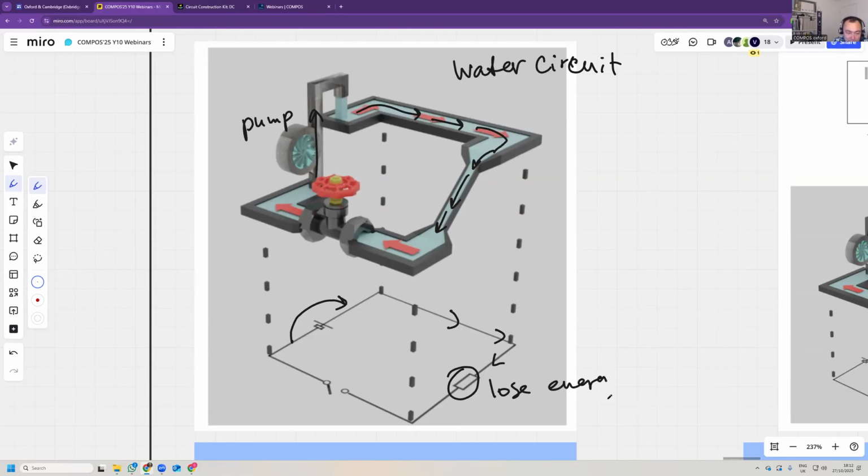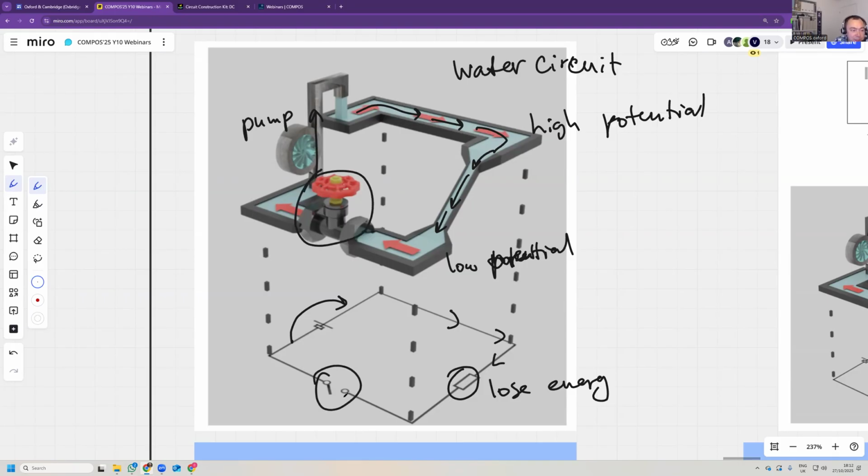It goes from high potential to low potential. And then there's a switch, so a tap. A tap is a switch, effectively. And then the water goes back into the pump.